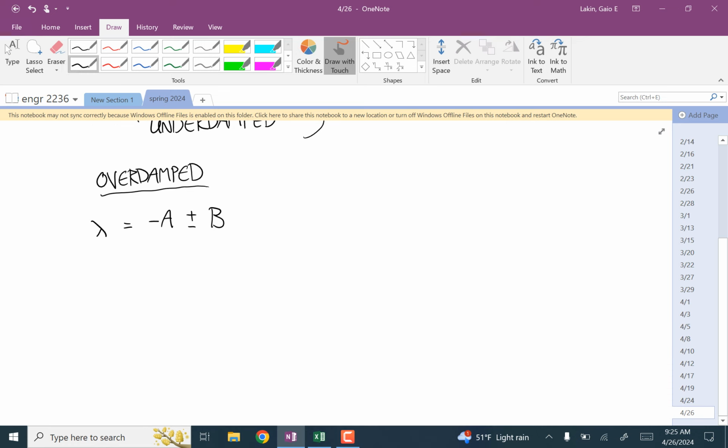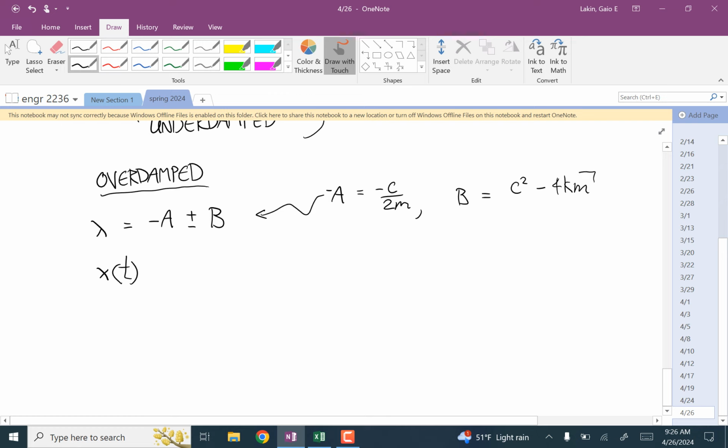And so the solution is going to be that x as a function of time. Okay, so negative a is equal to negative c over 2m. b is equal to the square root of c squared minus 4km over 2m. So we can plug that in at the end, but I'm just going to carry it around as a negative a and a b just to keep the math cleaner looking. So this is equal to some constant times the solution form using the first root.